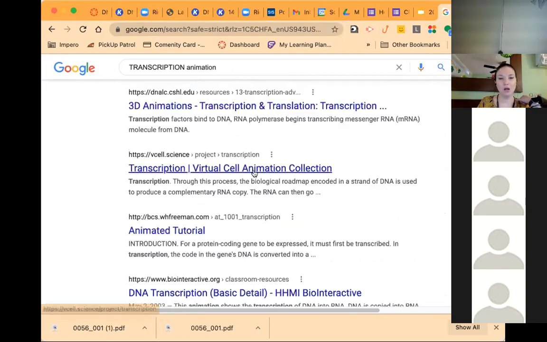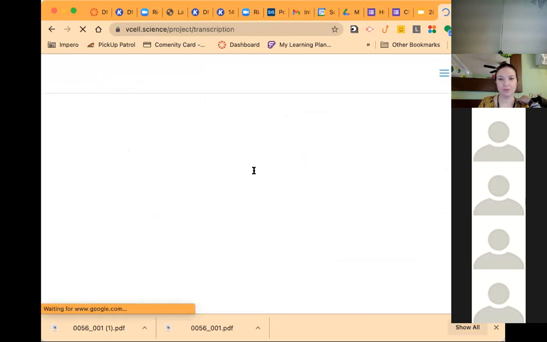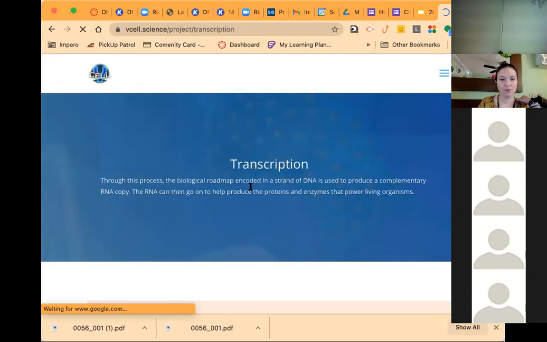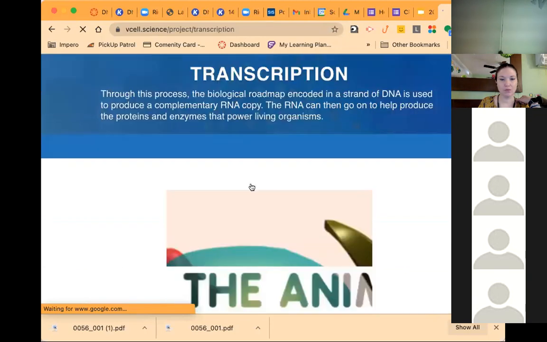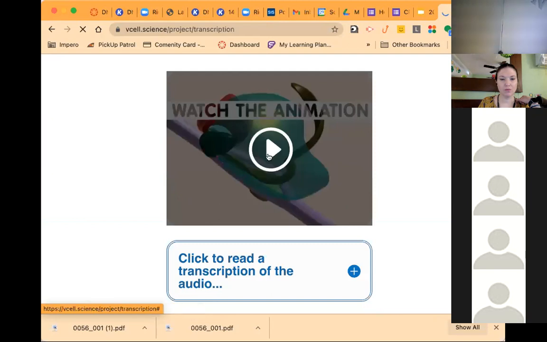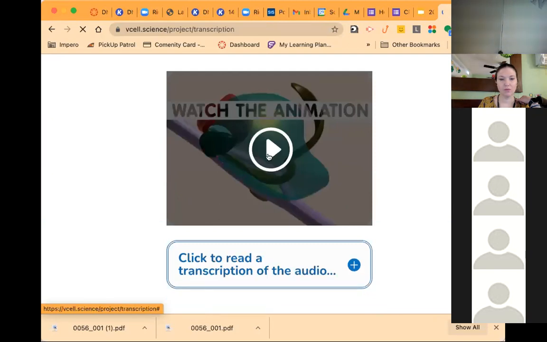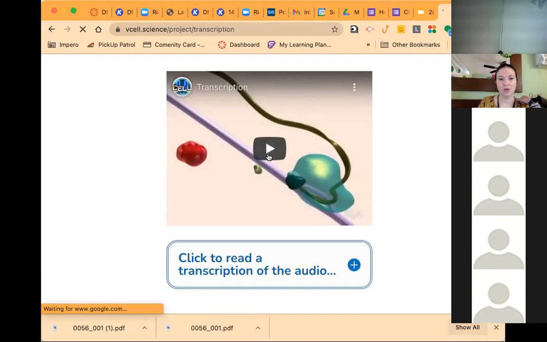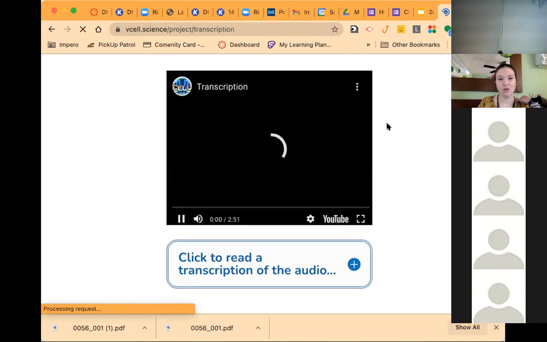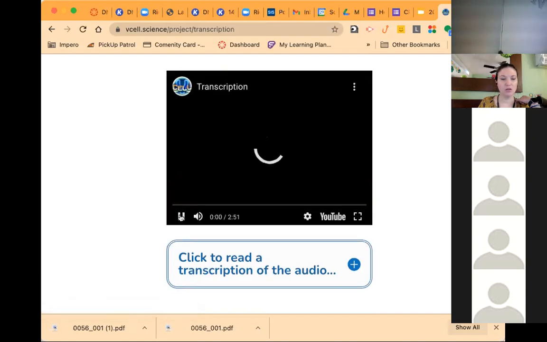Okay. Let's look at this. I'm going to preview a bunch of these and find one that I like. I forgot that the one that I have used for years was Flash, and there's no Flash anymore. Sad.